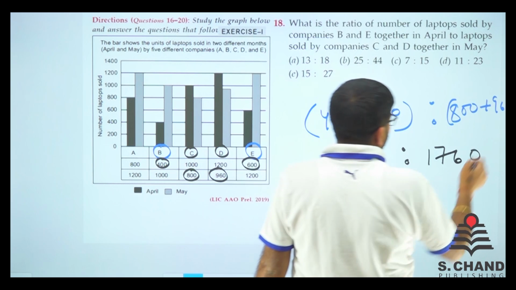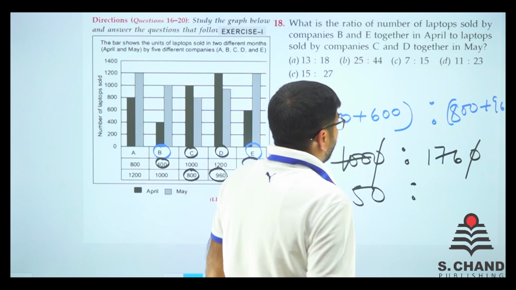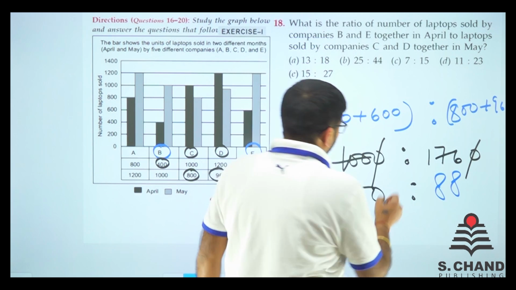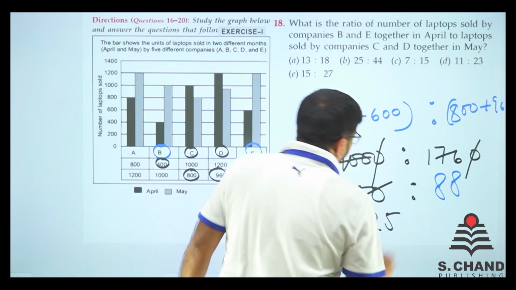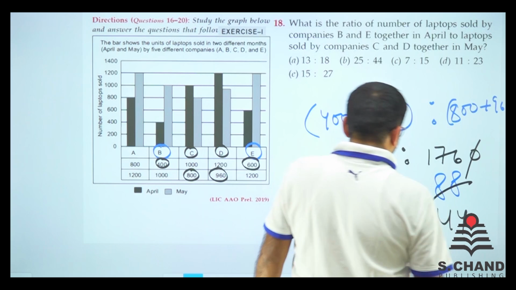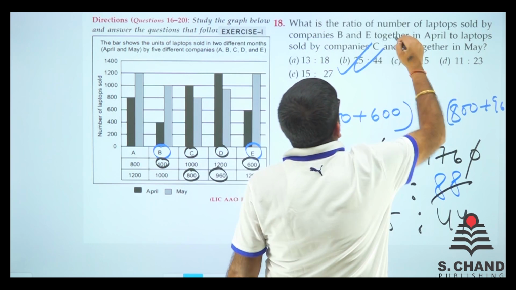So let's cancel this first. 100 is like 50 to me. So 176 is 88 at the same because just divided by 2. Now this is 25 and this is 44. Is there any option called 25 is to 44? Yes, it is. So here we go.